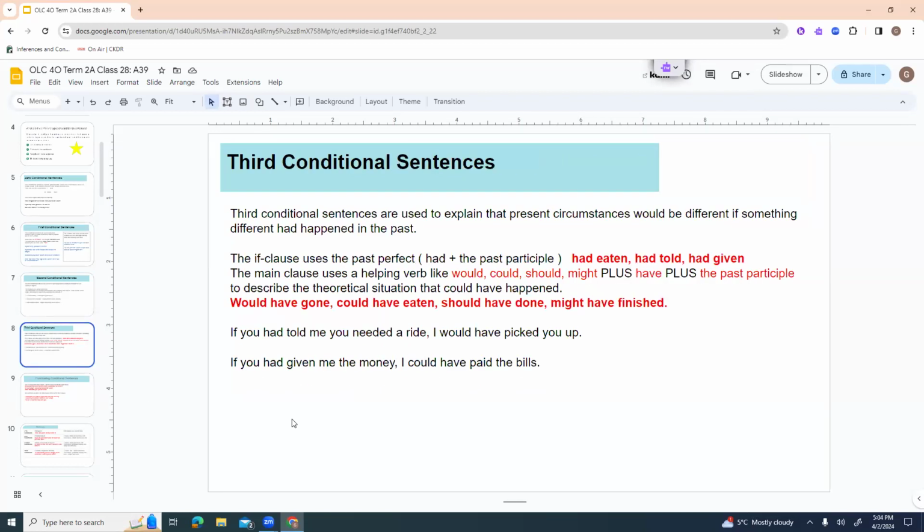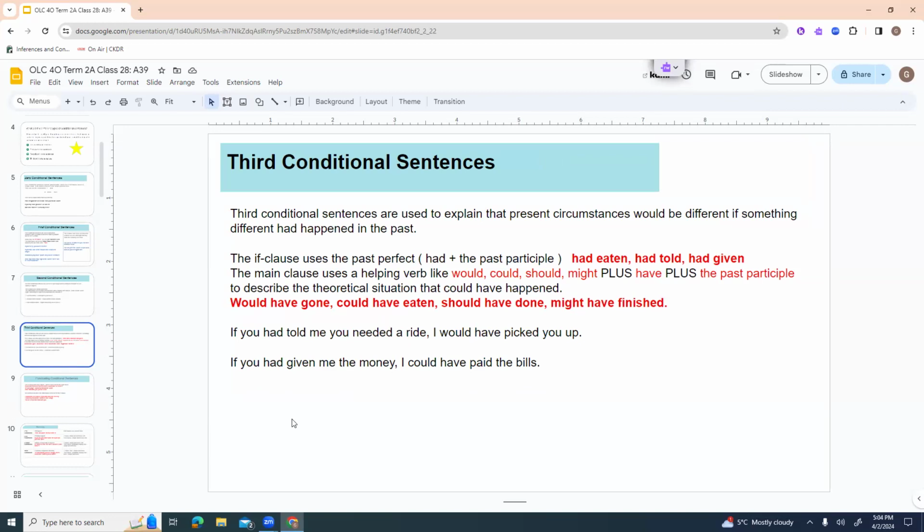These are used to explain that the present circumstances, like what's happening right now, would be different if something different had happened in the past. The if clause uses the past perfect, had plus the past participle, like had eaten, had told, had given.